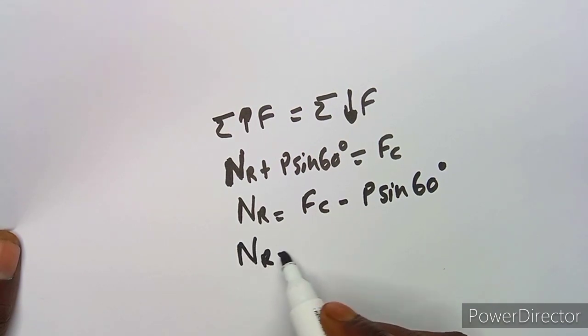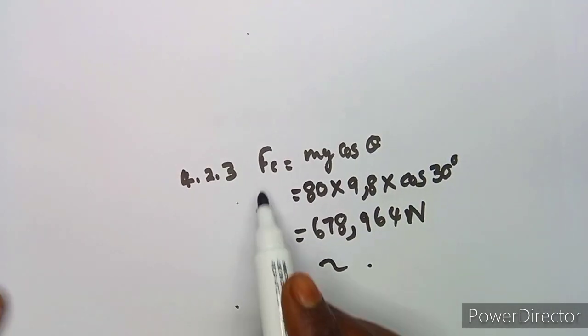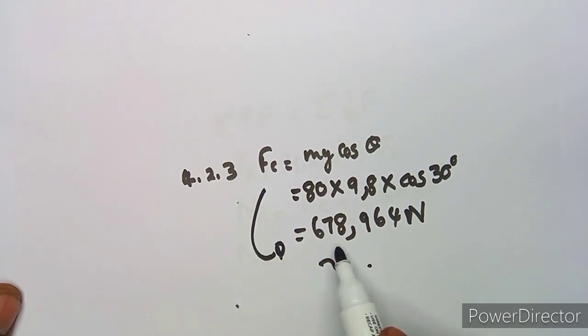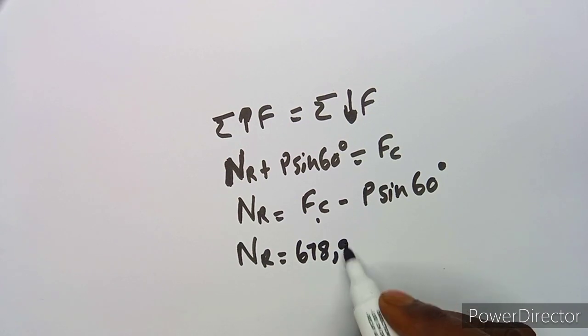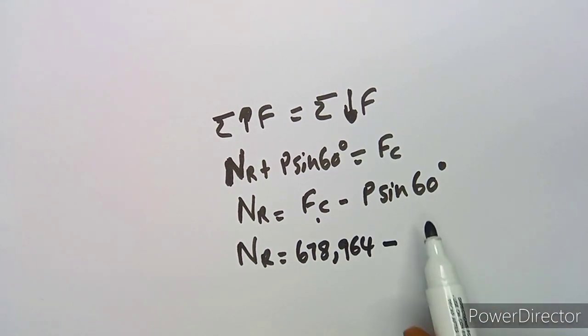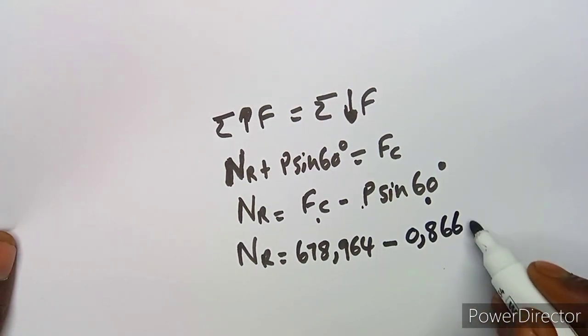So our normal reaction is going to be, remember FC, we have calculated these values, so it's just a matter of substituting what we obtained when we calculated our FC, which is 678,964 minus sine 60p, and sine 60 gives us 0.866p.